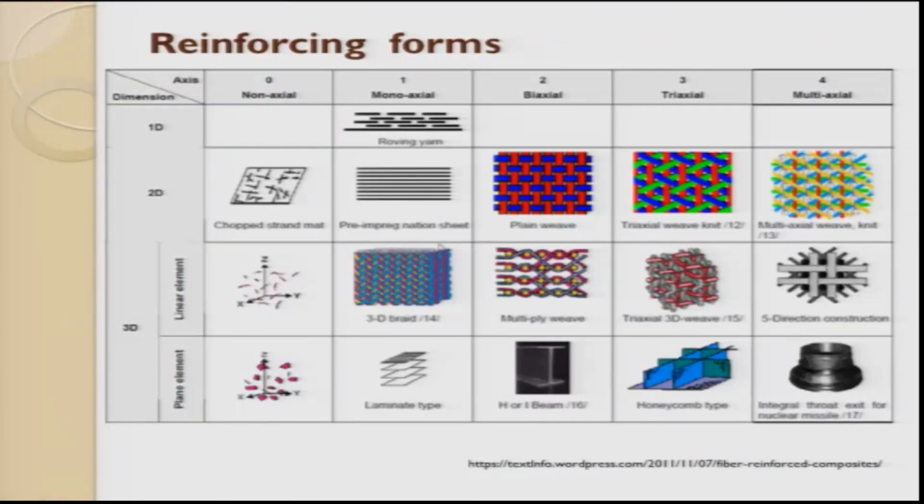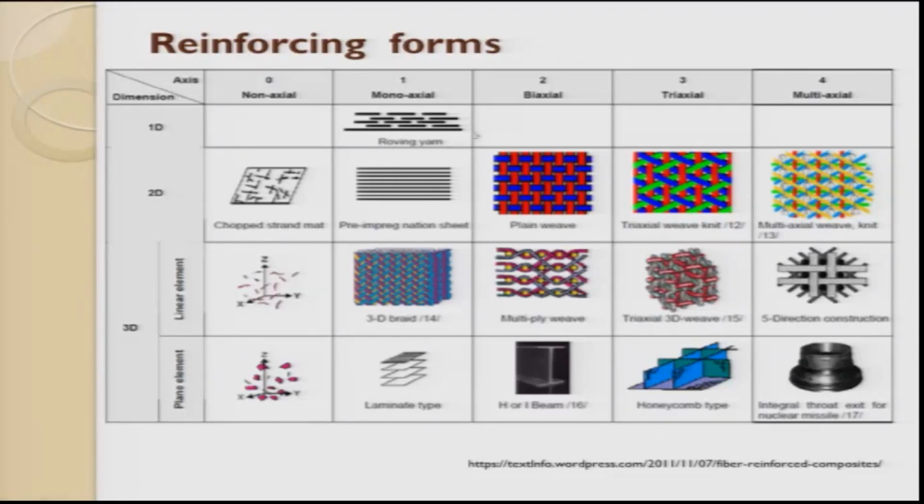So now here are some of the forms of reinforcement. Here we have given 1D. 1D is a roving, that means to say a thin thread-like structure which runs for kilometers. So this 1D can be cut and then used for weaving, and then you get a 2D.